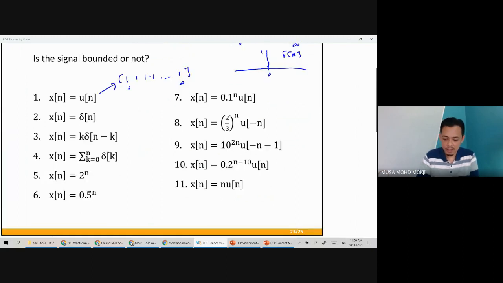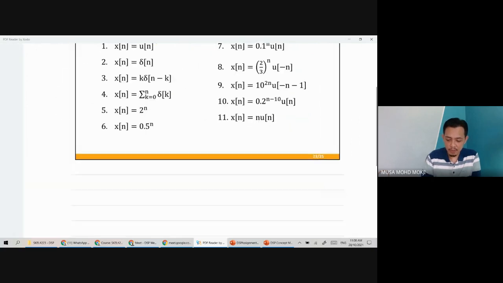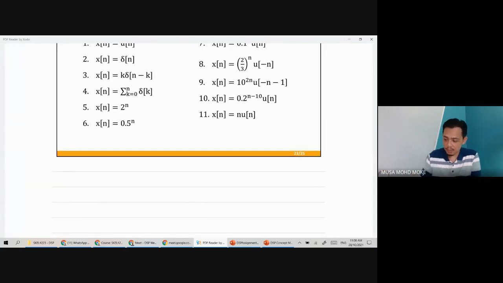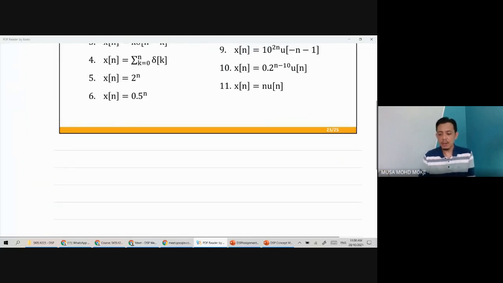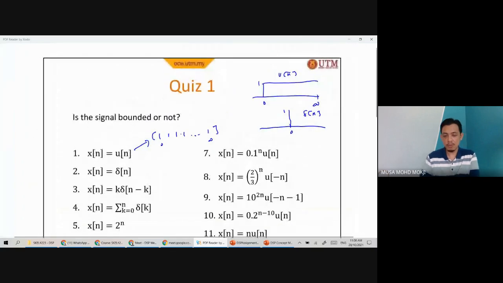Okay, let's do this. Is that correct or not correct? Let's check that one. We have xn equals 0.2 to the power of n minus 10 times un, and we already know that un is 1 everywhere, but we start the index from 0 up to infinity.